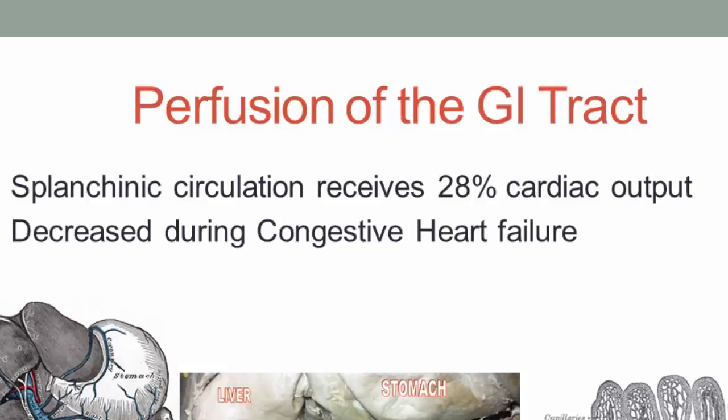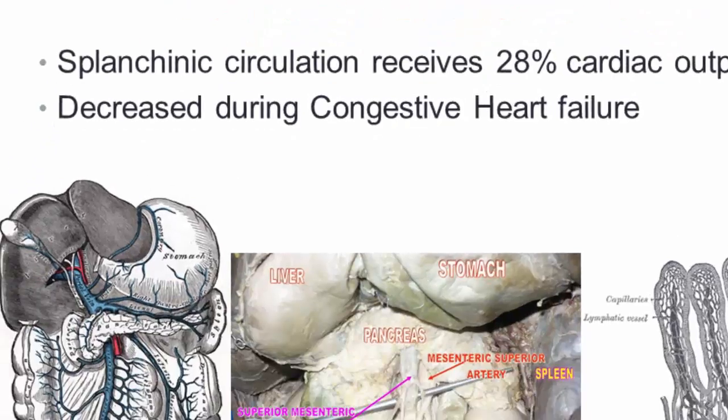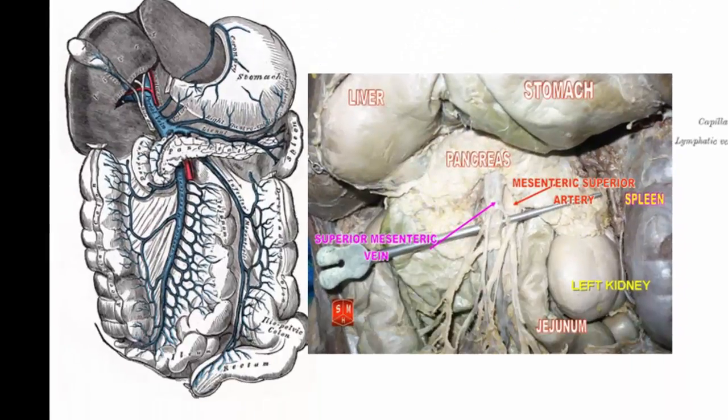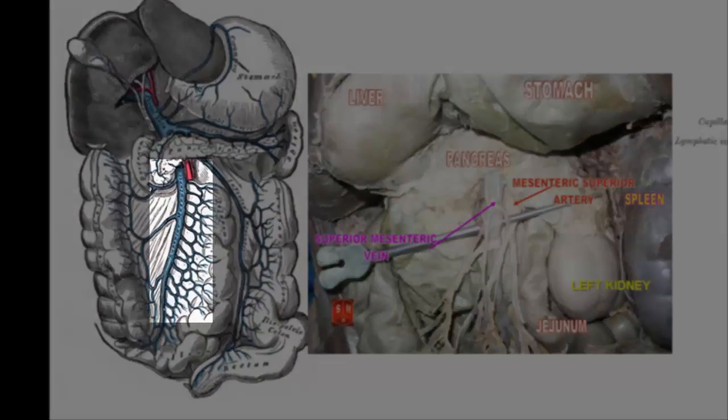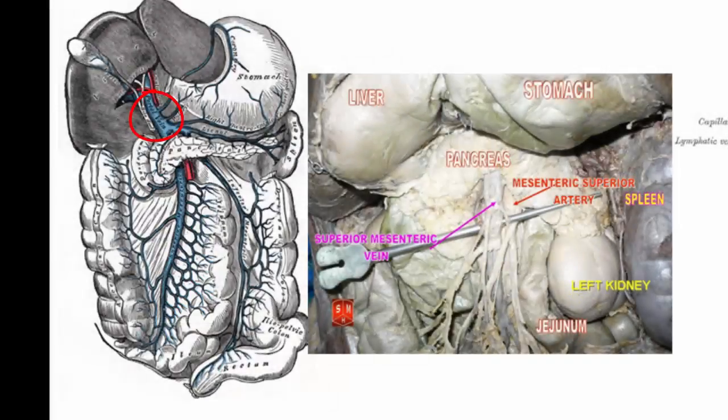Actually, drug absorption takes place through the mesenteric veins from the intestine, and from these mesenteric veins it passes to the hepatic portal vein and then into the liver, where metabolism takes place, and then it passes back to the systemic circulation.